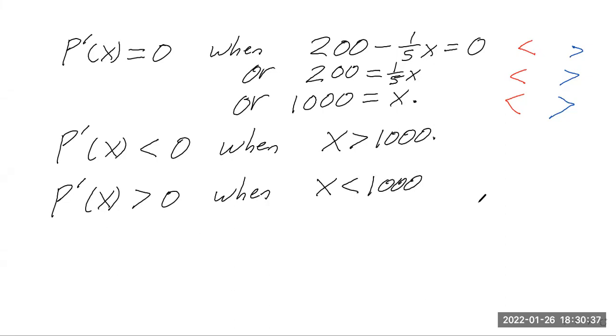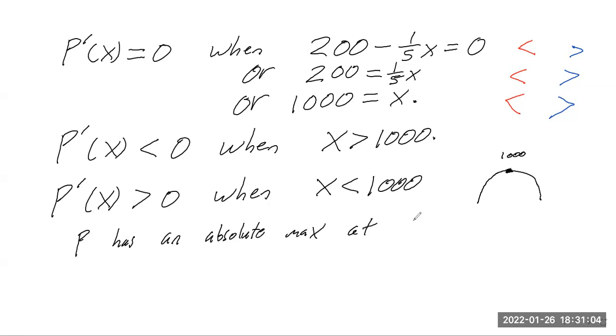This is something that should have been intuitive to us because we know that it's a downwards parabola, but what's happening is that we're increasing to the left of 1,000 and we're decreasing to the right of it. So what that means is that P, our profit, has an absolute max at x equals 1,000.